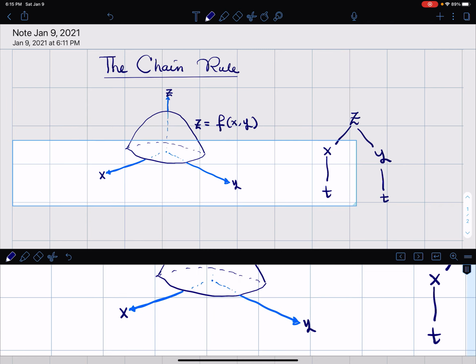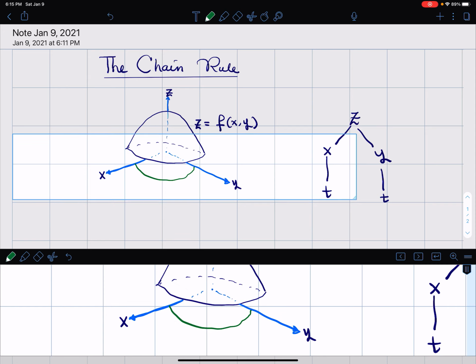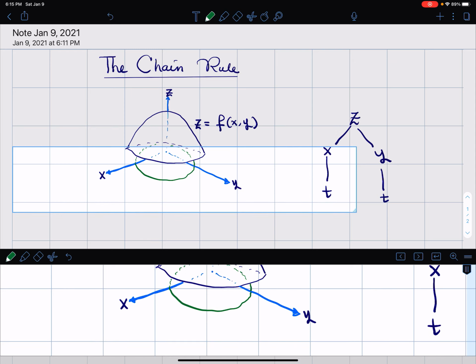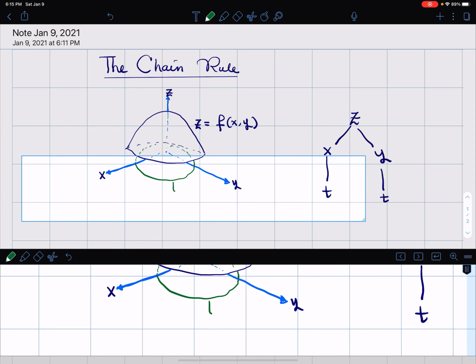For instance, if we want to restrict our domain to a circle, let's say a circle like that, we want to restrict our domain to this circle. So this circle is x squared plus y squared is equal to, maybe say, r.